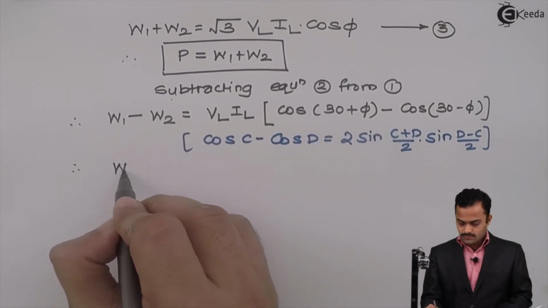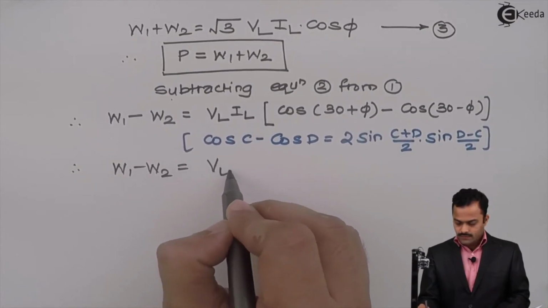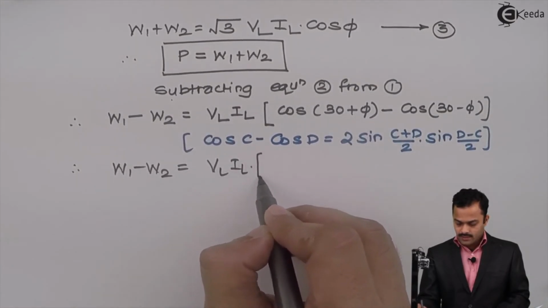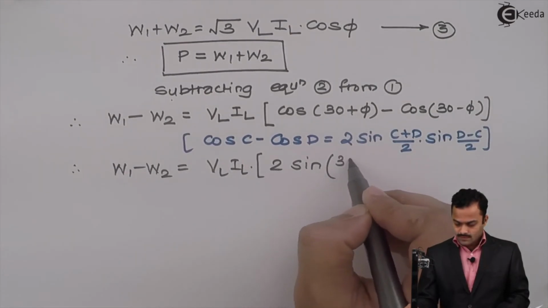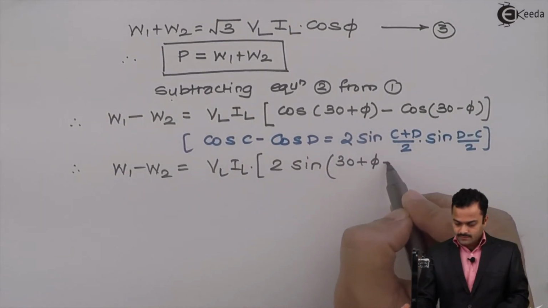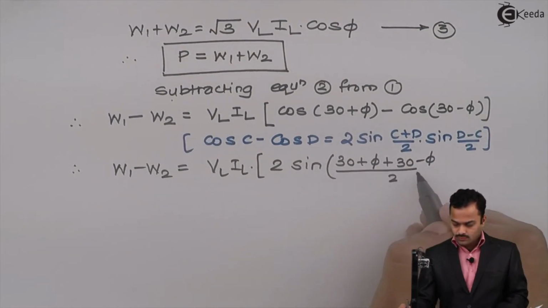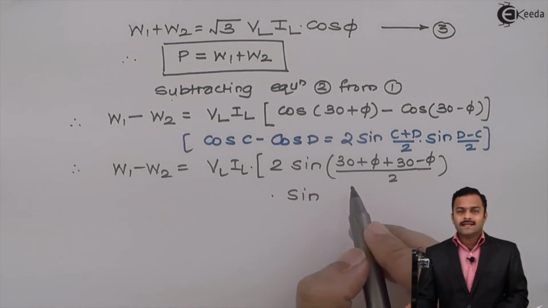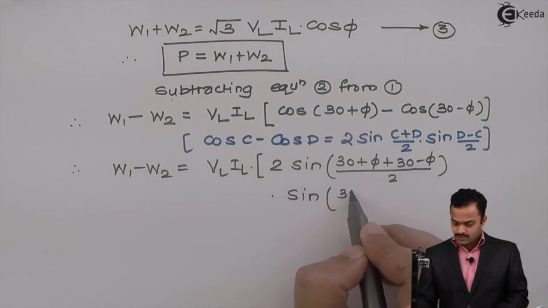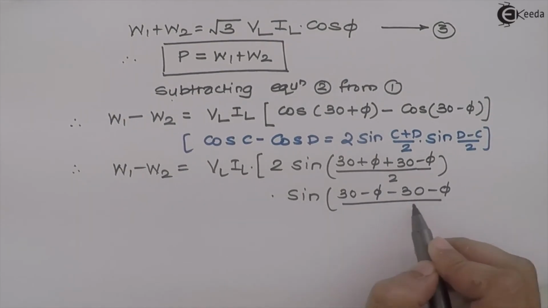So W1 minus W2 equal to VL IL in bracket 2 sine (30 plus 5 plus 30 minus 5) upon 2 into sine (D minus C). So it's (30 minus 5 minus 30 minus 5) upon 2.